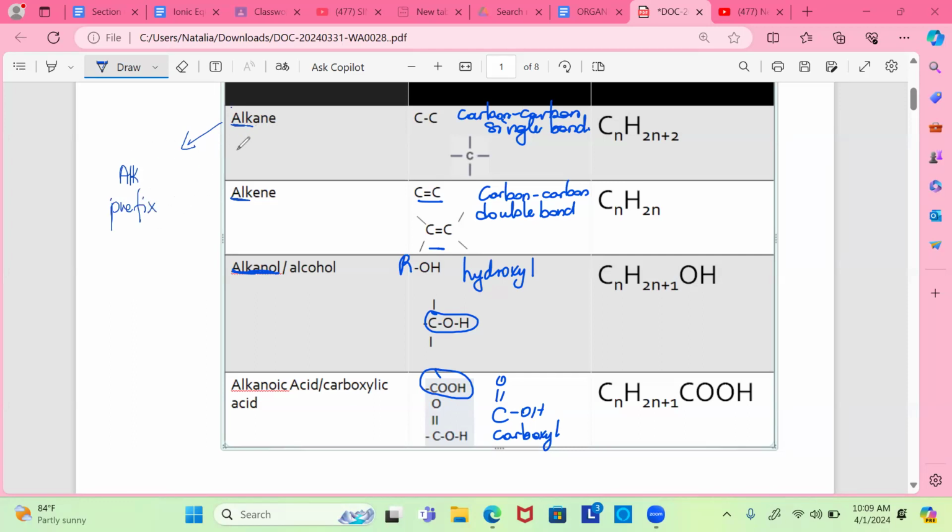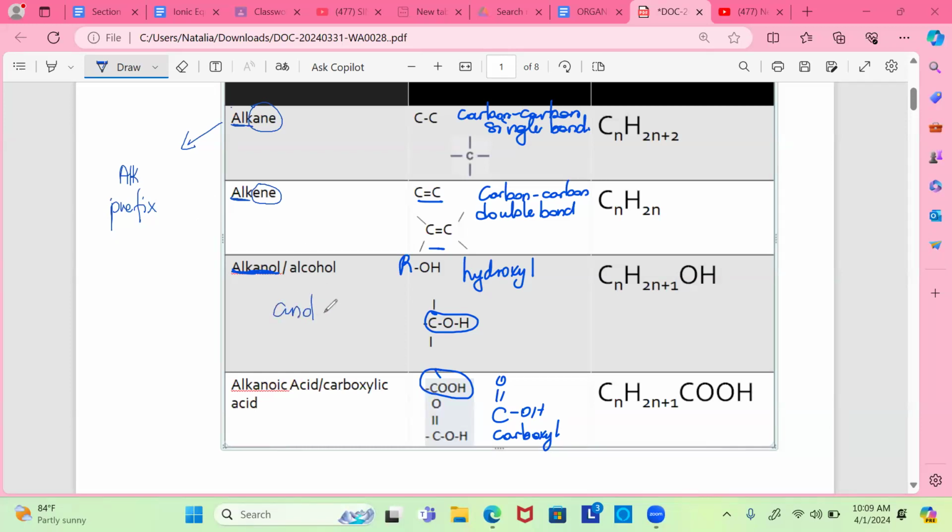So I'm going to introduce it to you. Any organic compound that ends in ane, we know it comes from the homologous series alkane. Any compound that ends with ene, we know it comes from the alkene homologous series.